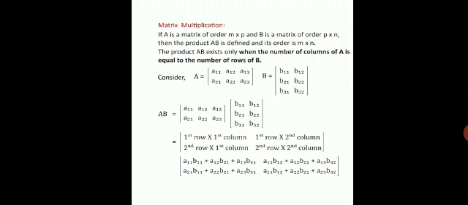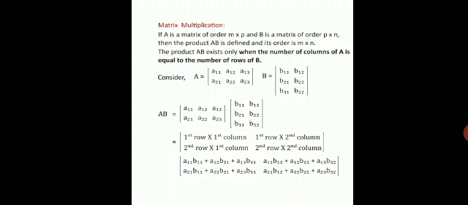Now the next important concept, that is matrix multiplication. If A is a matrix of order m into p and B is a matrix of order p into n, then the product AB is defined and its order is m into n.